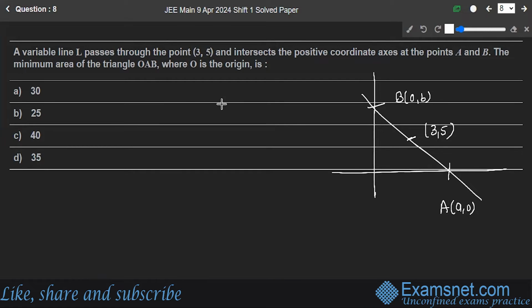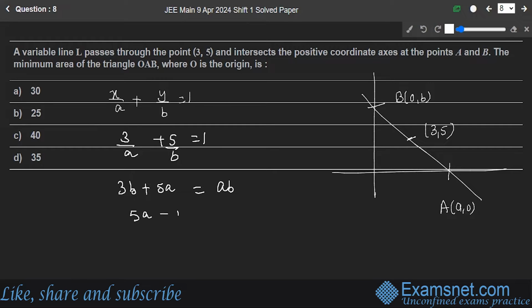Okay, so see, in intercept form, the equation of the line will be given by x upon a plus y upon b is equal to 1. So this will give me 3 upon a plus 5 upon b is equal to 1. This gives me 3b plus 5a is equal to a into b, or 5a minus a into b is equal to minus 3b.